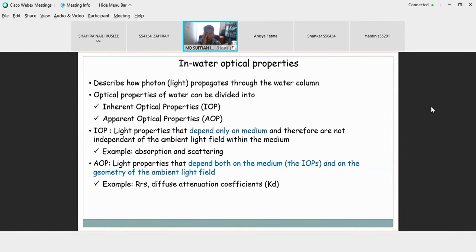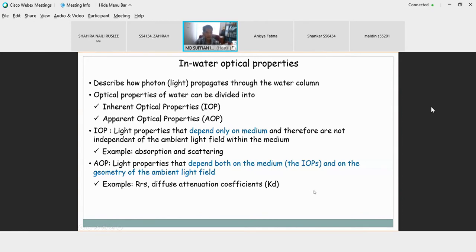And diffuse attenuation coefficient. Jadi yang kamu belajar masa first year, kamu ukur untuk light meter. Berapa banyak cahaya yang hilang per meter. Diffuse attenuation coefficient, Kd. K is a diffuse coefficient, D is for downwelling lah.